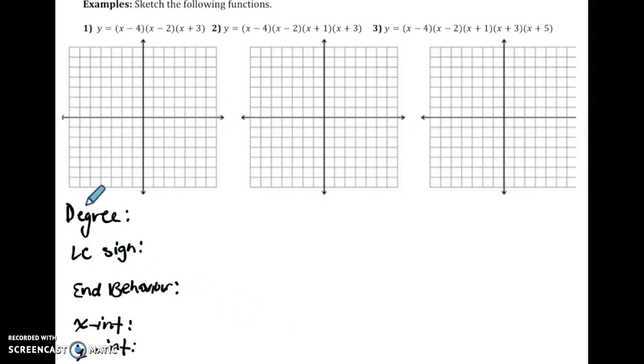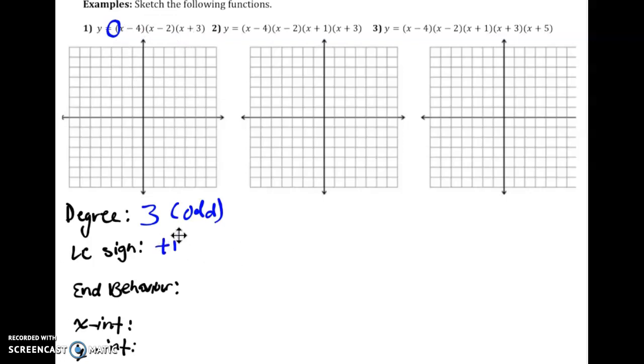So let's fill this out. For the first one here, the degree. If we look at this equation, there are 3 brackets. If we multiplied them out, it would have been x times x times x. So that is a degree 3 function. It is an odd degree. If we look at the sign of the leading coefficient, if we imagined multiplying out those x's, we would have gotten a positive x cubed.